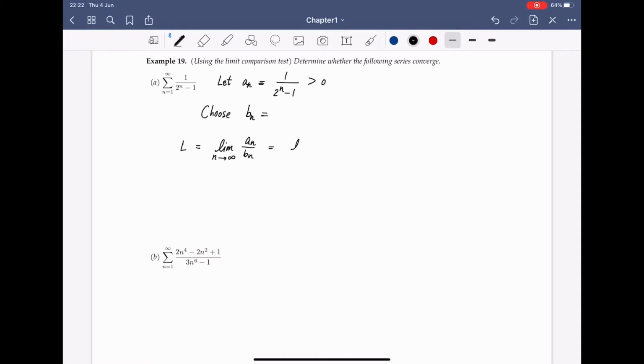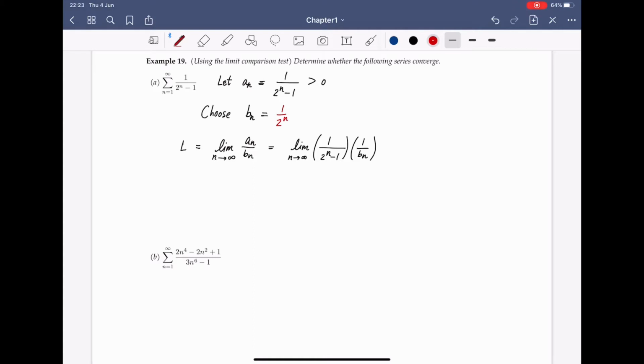This is the limit of a_n, which is 1 over 2 to the n minus 1, where n goes to infinity, and I need b_n as well, so I need this times 1 over b_n. How do I pick b_n? I need to pick b_n such that I can compute this limit easily. So I am going to pick b_n to be 1 over 2 to the n.